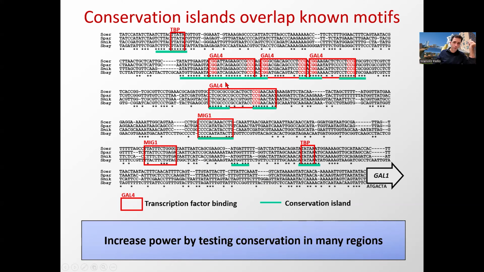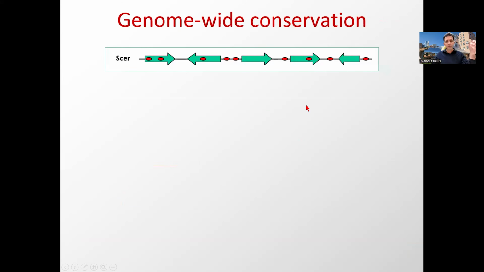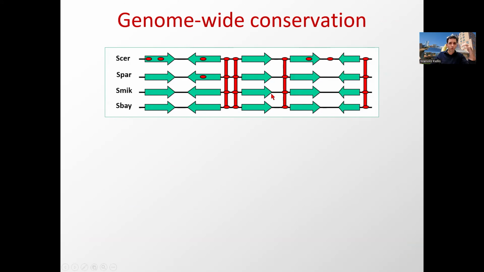Well, maybe a different approach might be to instead start from the motifs themselves and just search for them in the genome. So what we're going to do is basically say, if motifs are really motifs rather than individual islands, individual instances, then they should be multiply conserved in a bunch of regions together. Okay? So then we're going to look for some properties of those motifs.